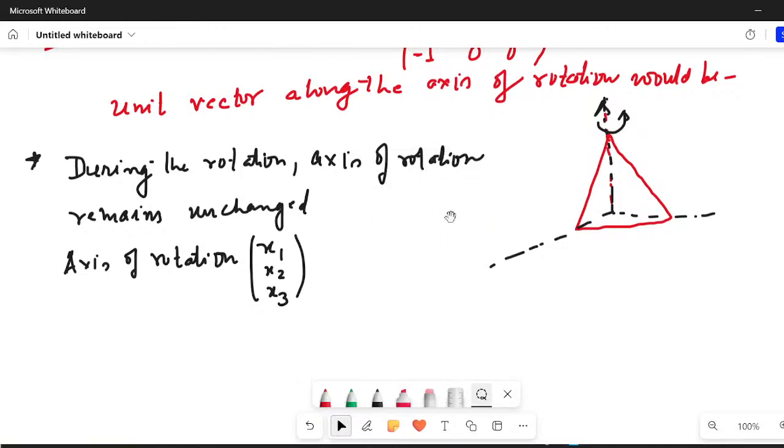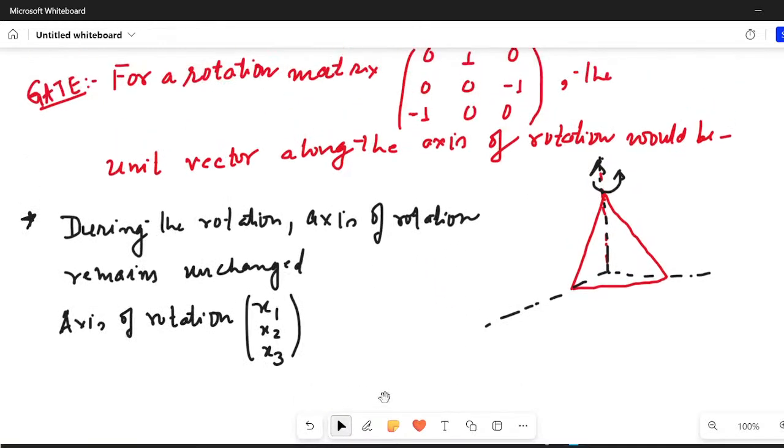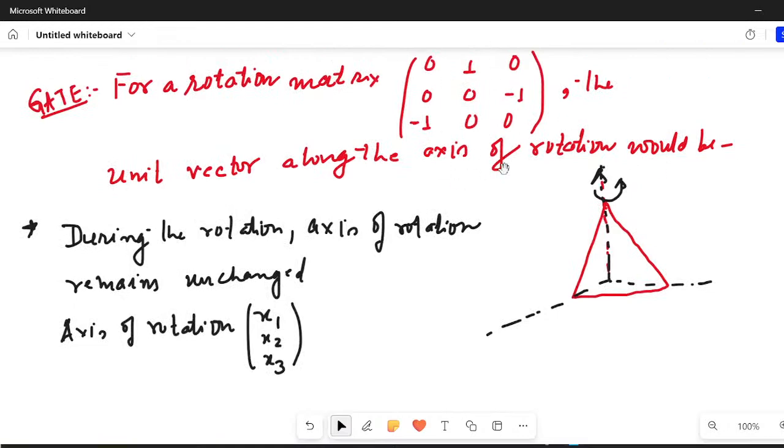But overall it is asking that even if it is rotated because of this matrix, under this transformation matrix the rotation axis remains invariant. So I'll write it here.